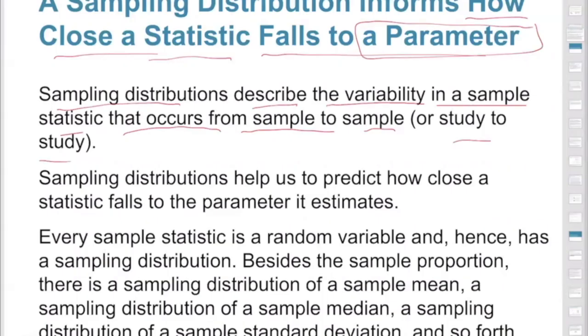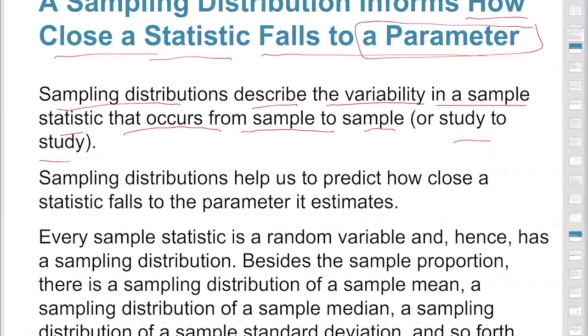What that means, for example, and we will come back to this example after a while: if you have a population and you take a sample from it and calculate from this sample X bar, the mean, then take another sample from the same population and again calculate the mean. Do you think that the mean from the first sample is equal to the mean from the second sample? Of course not.